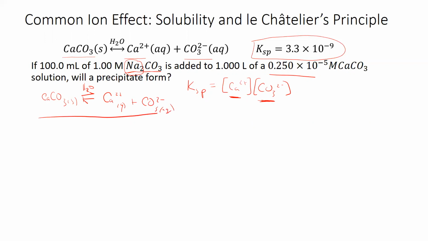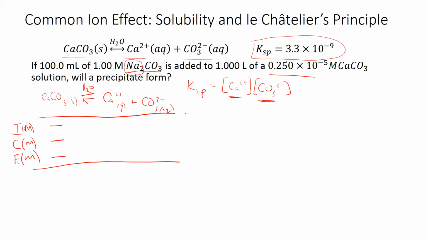And so we'll set up the ICE box like so, similar to what we've done in the past. Again, with the solid calcium carbonate, we don't have to include that in the ICE box because it's not part of our equilibrium constant expression.